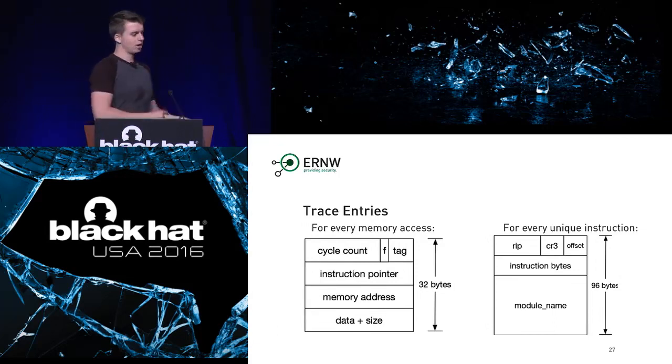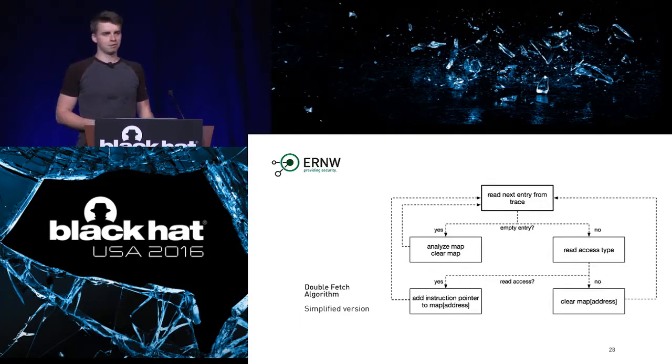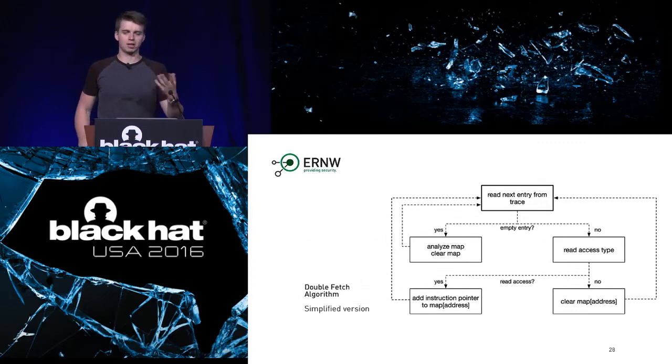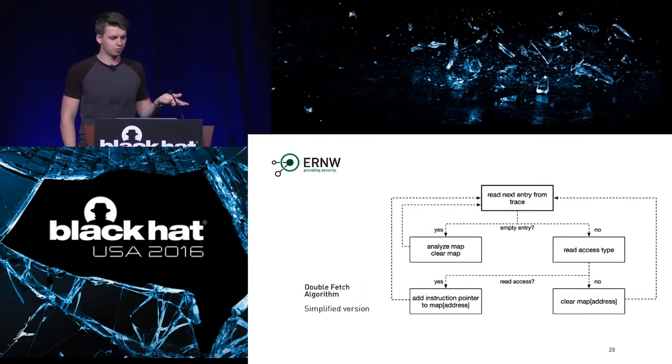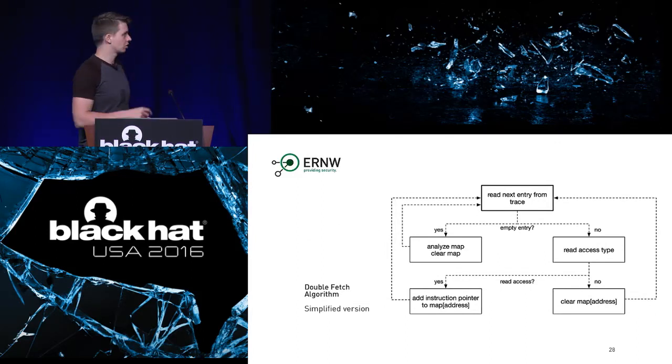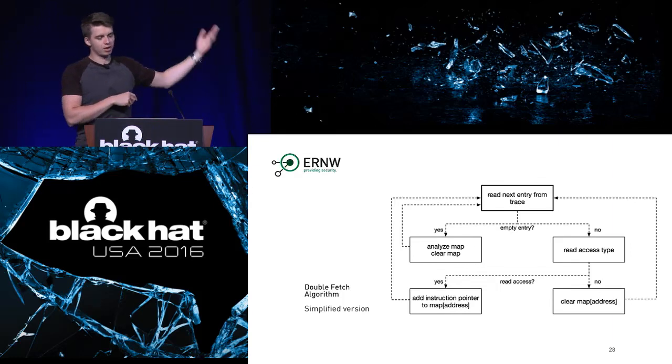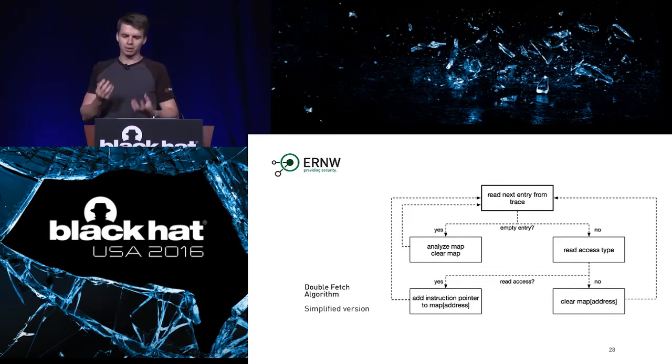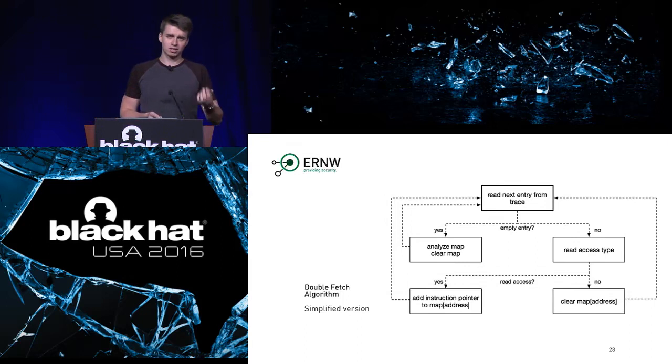And if we have these trace entries stored, then the double fetch algorithm, so to identify double fetch vulnerabilities, is actually kind of trivial. This is a bit of a simplified version, so I'm skipping over a few details, but basically you just iterate through this trace file and look if it's a privileged access.